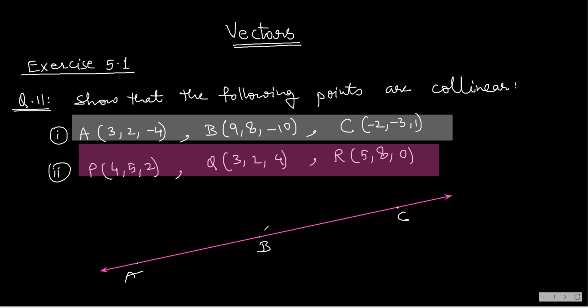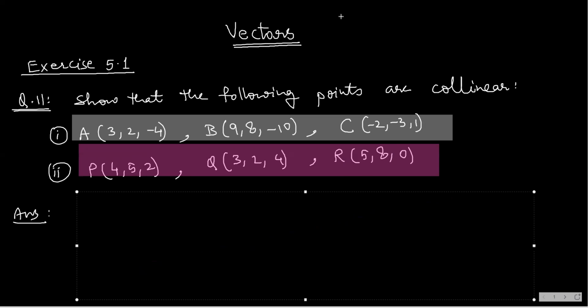See, how will I solve? I'm solving the first one. What I will do is, from the given 3 points, I shall find out the position vectors of these 3 points.